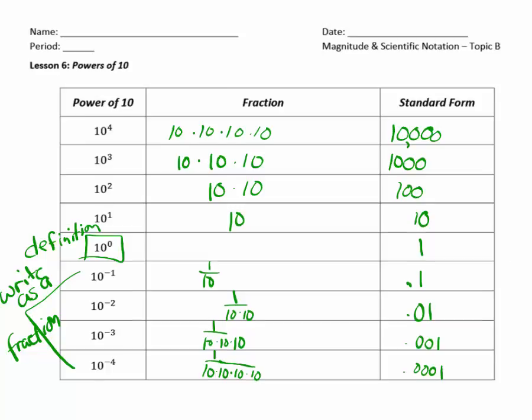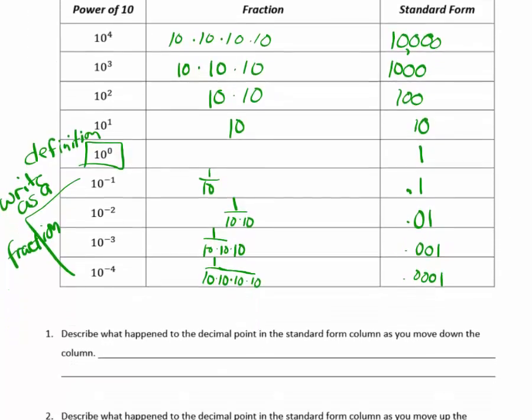And if you look, this is going to be prepping us for what we're going to be using these for. So describe what happened to the decimal point in the standard form column as you move down the column. Our decimal point, if you don't see it, is at the end. It stays at the end, but to go from this line down to this line, we're moving it over 1. And to go from this line to this line, it moved over 1.